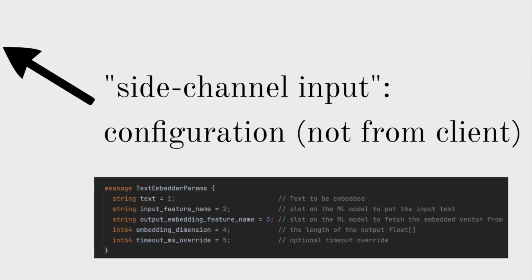This is a little bit weird at first, but take the example of data that might be needed for inference of a particular DAG node, say text embedding is a DAG node. From the text embedder's perspective, it doesn't differentiate whether the text came directly from the client, all the way from upstream, or whether it's the input feature name, the slot on the TensorFlow graph to look up, or the output embedding feature name.